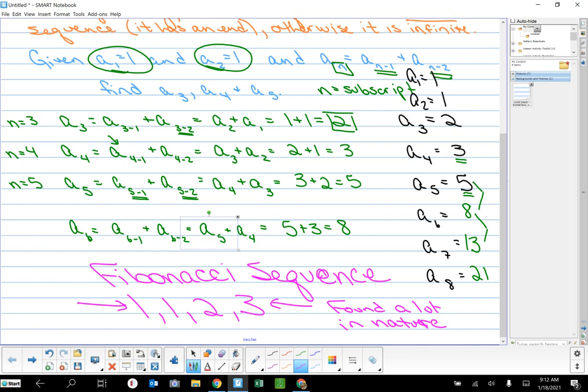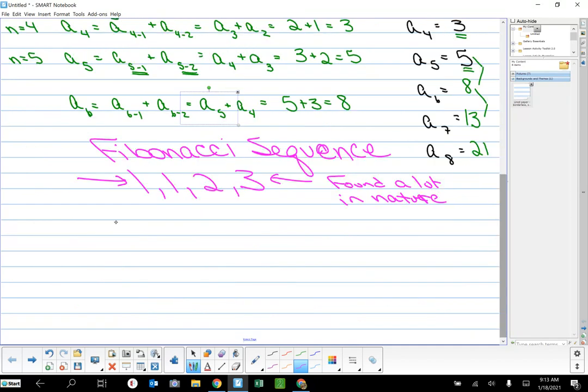It's found in sunflowers, a lot of flowers actually. It's found all over the place. You should look it up on the internet. It's kind of cool. It also generates something called the golden ratio, something else that is very interesting and unique and goes back to ancient Egypt or something.